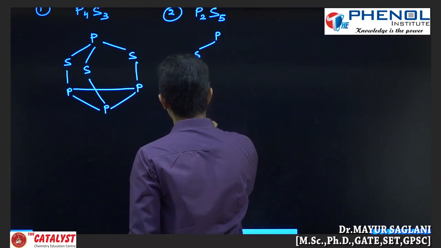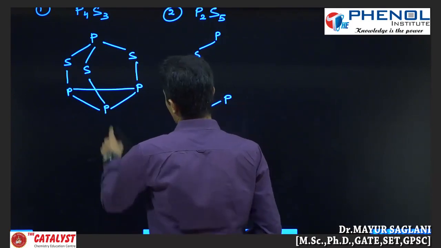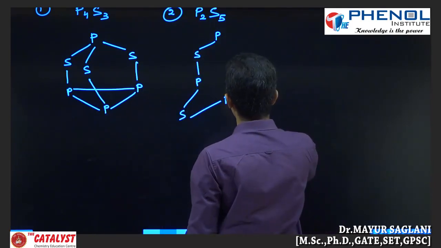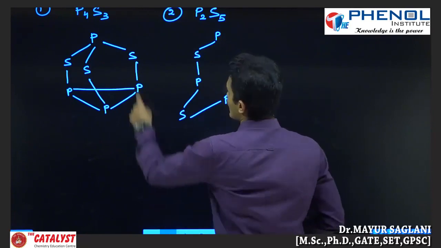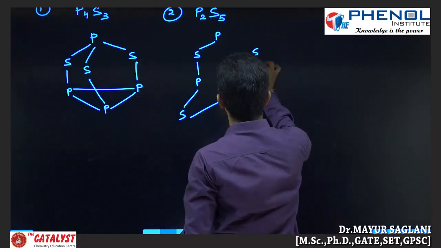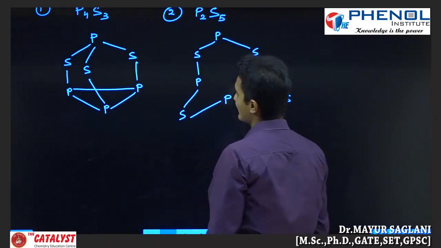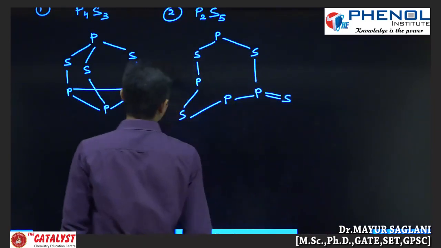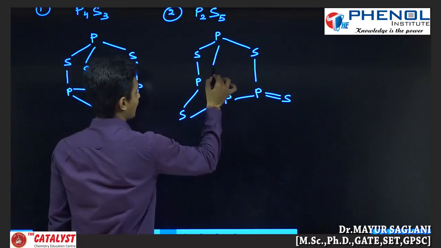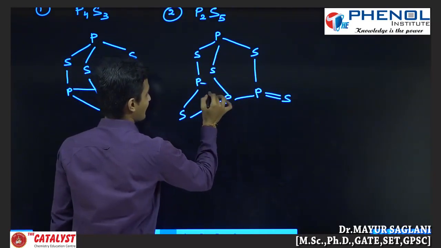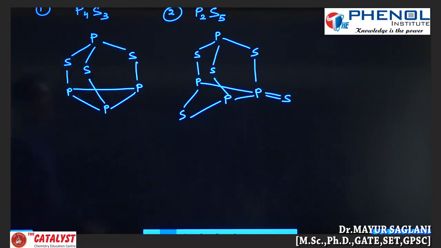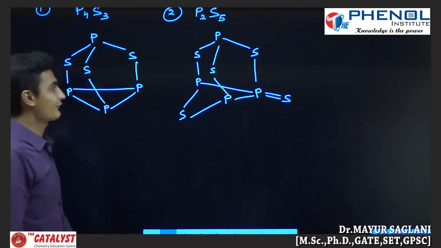So again this sulfur and this phosphorus. This phosphorus is bonded with the another phosphorus atom. That phosphorus is bonded with the sulfur atom, and that is with the phosphorus, but here 1 P double bond S bond is there. Fine, we have added 2 sulfur atoms and the other structure is similar. So this one is the structure for the P2S5.